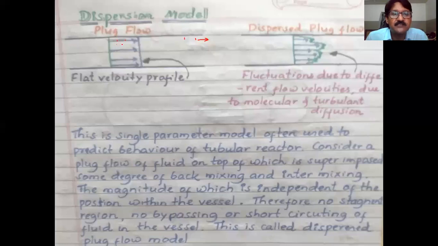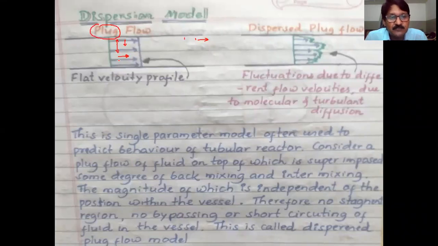So this and this will not mix with this and this, but mixing occurs along that particular axis. Only this mixing is possible, but mixing along the length of the path is not possible. If you are mixing along the length of the path, there is a violation of the plug flow condition.